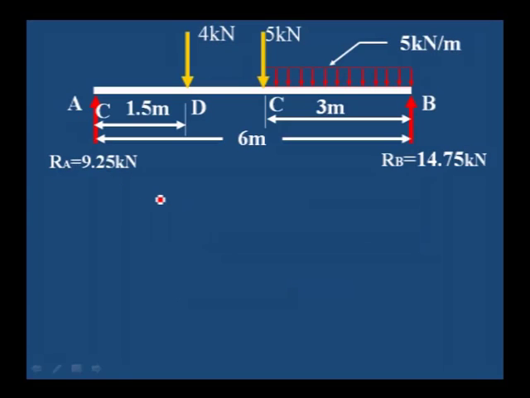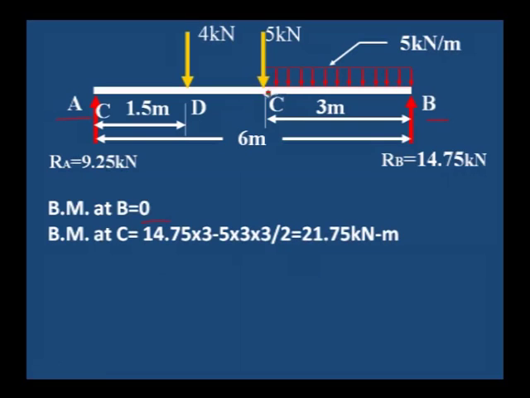To calculate bending moment, again we have the reactions RA and RB as well as the loading system given. Bending moment at B is 0 for a simply supported beam, A also 0. Bending moment at C point, what are the loads acting on the right side of C?